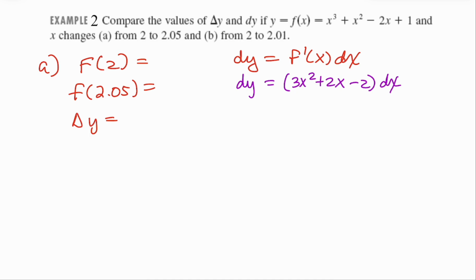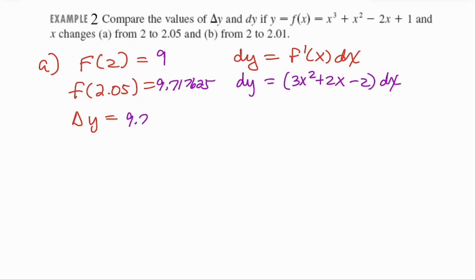So if we were to take the function and plug in 2, we get 9. If we were to take the function and plug in 2.05, we get 9.717625. So the change in y is just our ending value minus our beginning value, or 0.717625. Now let's talk about what dy is.